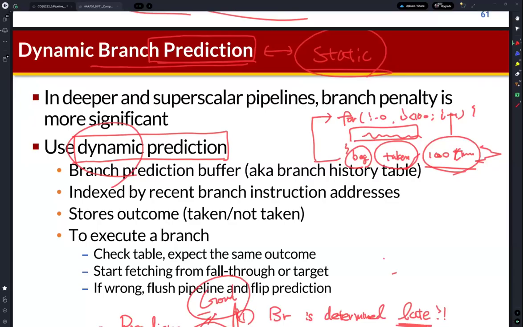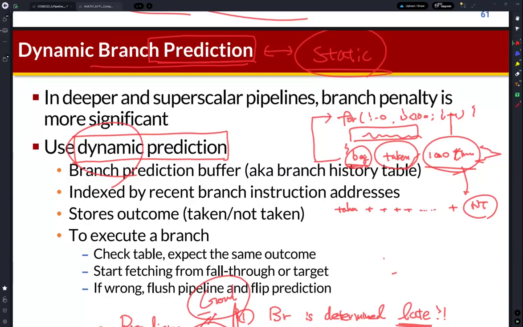So how can you predict the result of a branch instruction? Branch is taken, taken, taken, taken, taken, taken. And then after 100 iterations, the branch will be not taken.